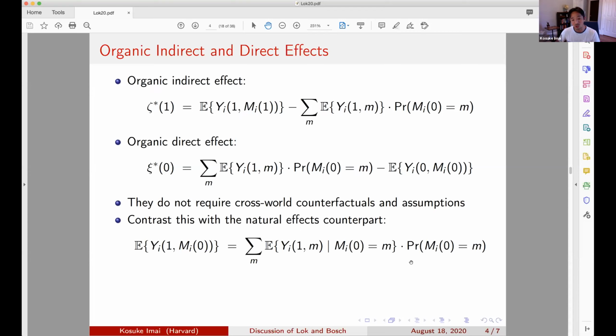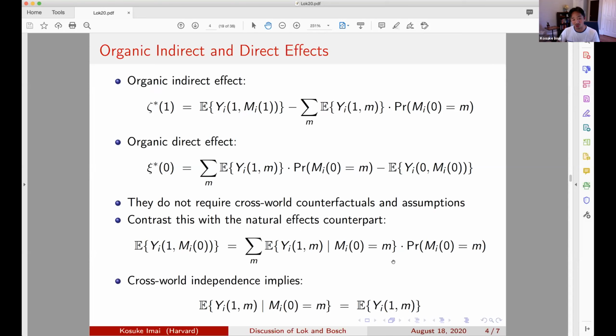And you can write it this way, and immediately you realize that the cross-world independence implies these two things are independent, so they drop out. So that reduces basically the natural effects to the organic indirect effects. Basically, this part becomes equal to that part once you drop it.